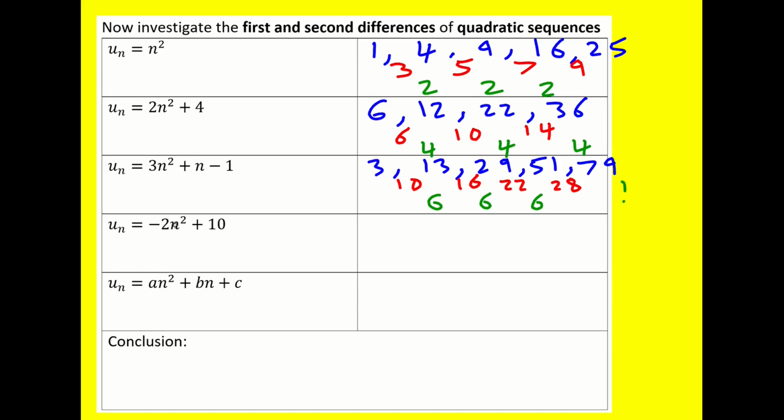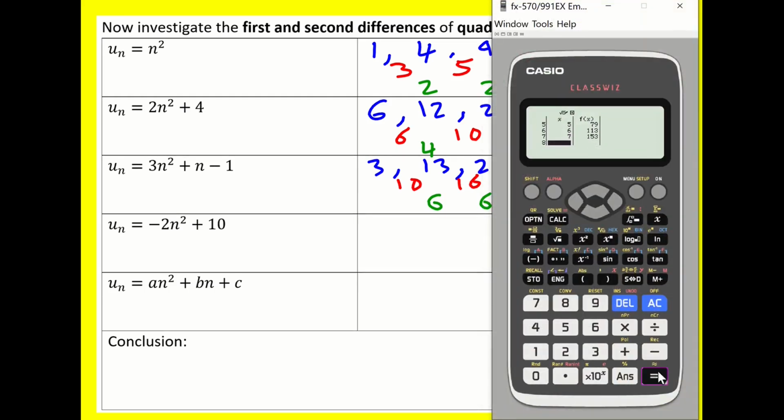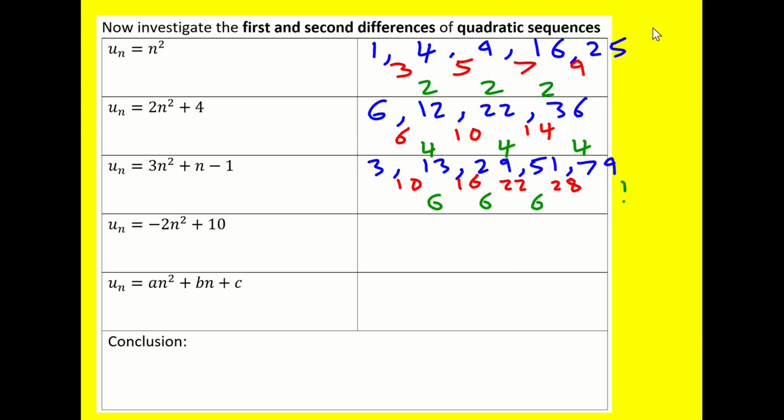All right, what about one with a negative in front of it? Eight, 2, minus 8, minus 22.